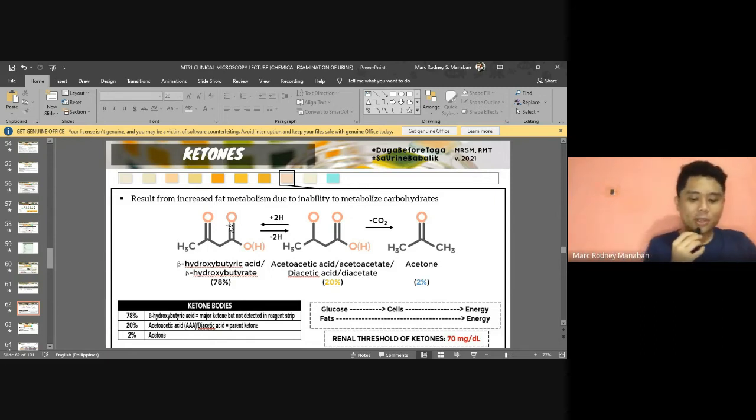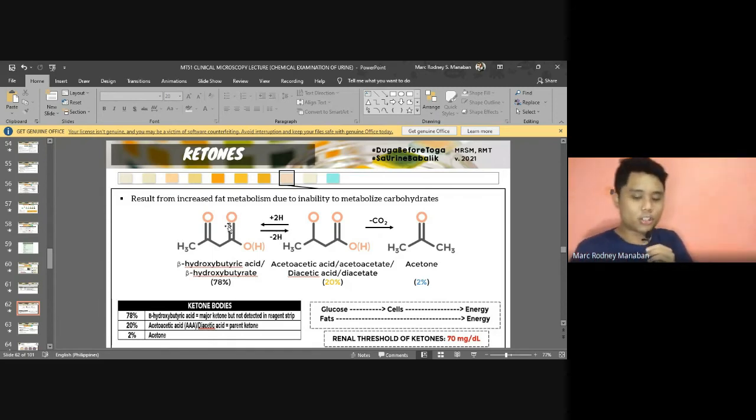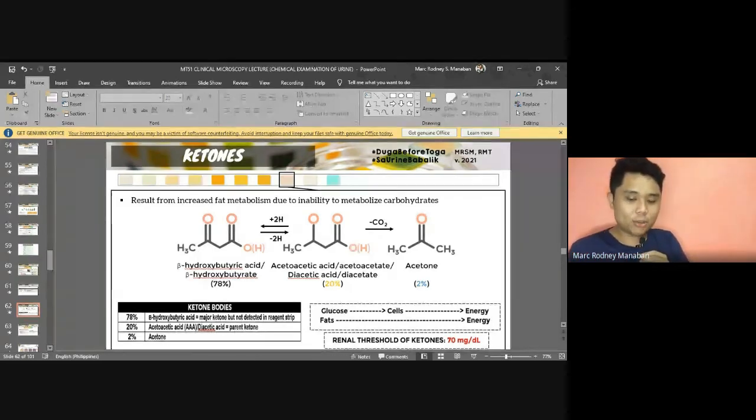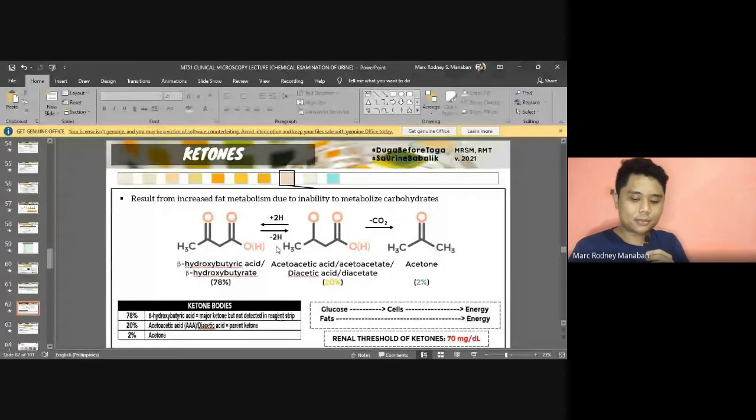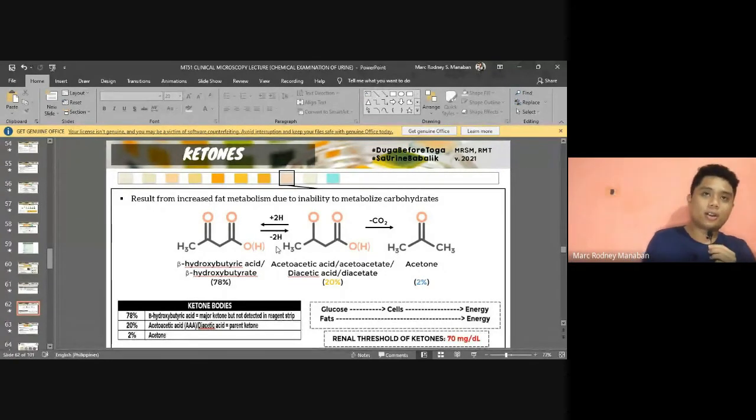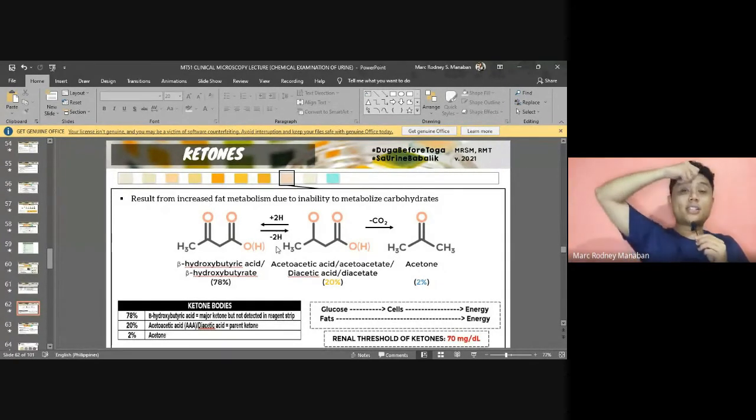And what are the major ketone bodies found in the body? You have the major three ketone bodies: beta hydroxybutyric acid or beta hydroxybutyrate, followed by acetoacetic acid, and finally acetone. These are the major ketone bodies found in your body in cases of ketonuria.